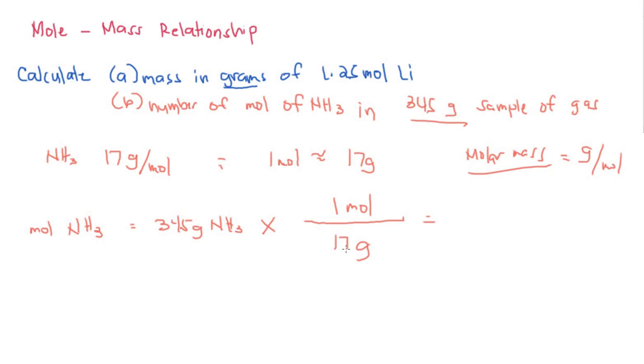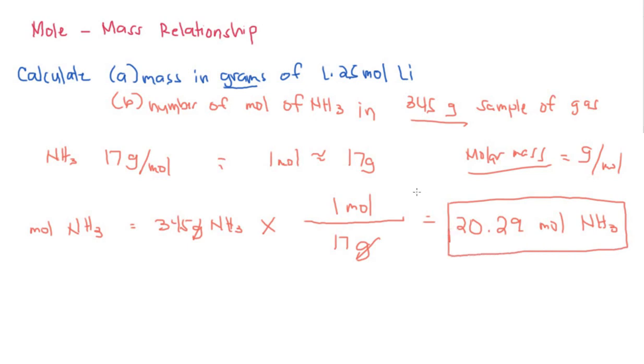So you have there 345 grams multiplied by 1 and then divided by 17, the answer is 20.29. Cancel natin yung unit na grams and then you have there the mole of NH3. So that's how you get the mole, given the grams of a sample or grams of a compound.